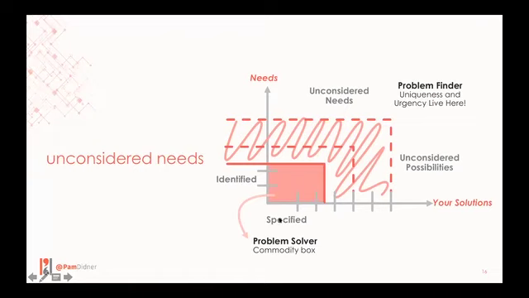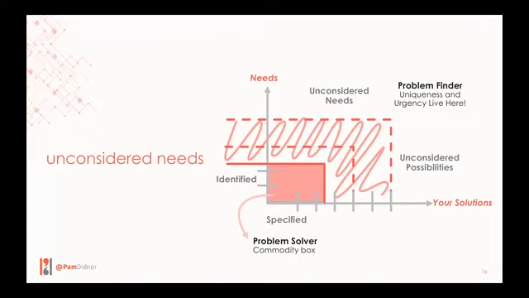That, in a way, is a commoditized solution and commoditizes the value that the sales team is trying to offer. And he suggested a term called unconsidered need. Is it possible the sales team can identify the needs outside of that problem-solving box, identify the needs that the customer doesn't even know they had, all right?